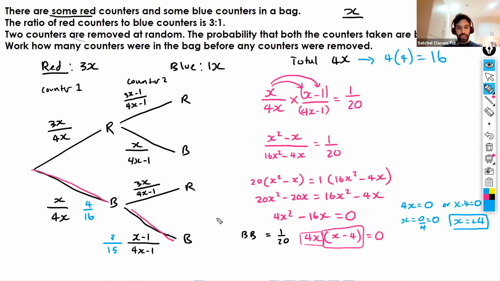So 4 over 16 times 3 over 15 is 12 over 16 times 15, which is 240. And 12 over 240 is equal to 1 over 20. So I know my x value is correct.